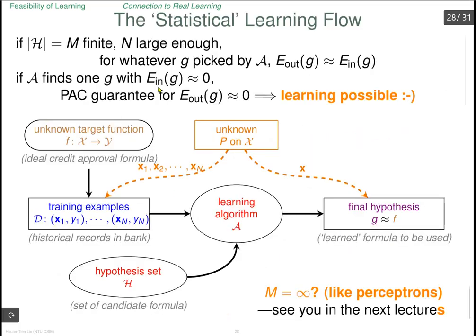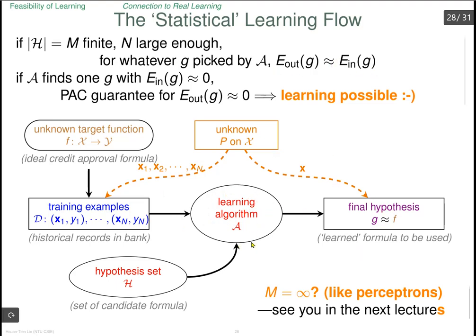If you look at the extension of Hoeffding's inequality to M hypotheses, there are some things that we need to emphasize. One of them is that the set of hypotheses H in our flowchart should be finite. That's one of the conditions. And if N is large, for whatever g is picked by the algorithm, out-of-sample error will approximate in-sample error.